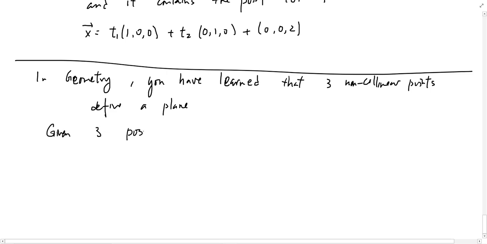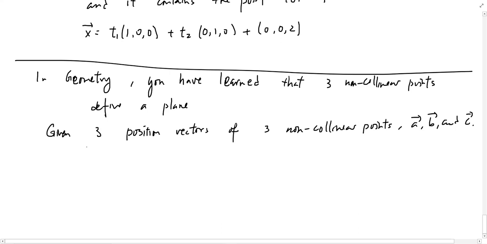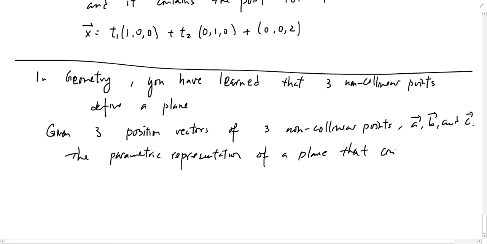If you're given, let's say, 3 position vectors of 3 non-collinear points, let's say vector A, vector B, and vector C, then the parametric representation of a plane that contains these 3 points is given by the formula.